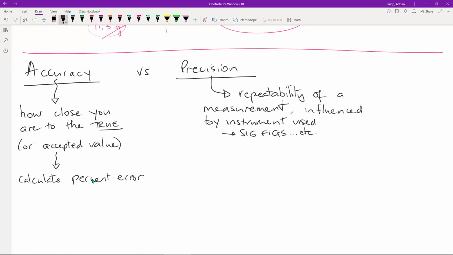Okay, so precision is a measure of the repeatability of a measurement, dictated by the instrument used. Accuracy is how close you are to the true or the accepted value for that.